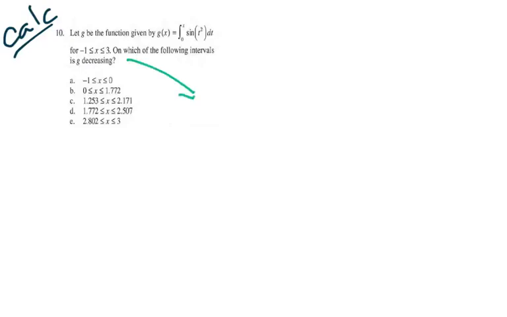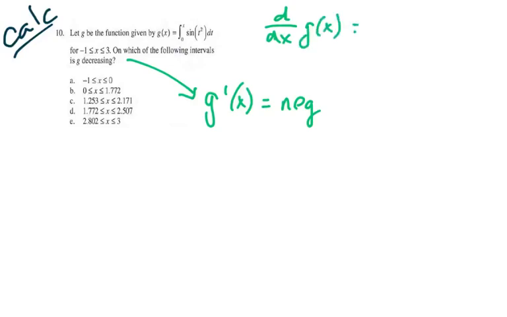If g is decreasing, that means the slope of g has to be negative. So I'm going to take the derivative of g of x, which means taking the derivative of the integral of sine of t squared dt.